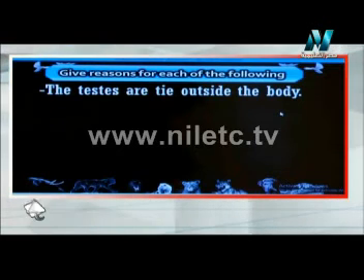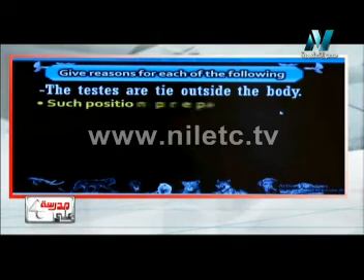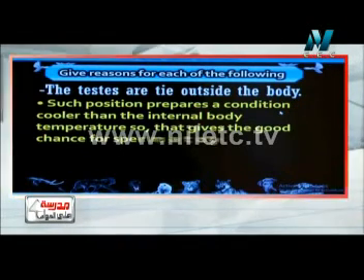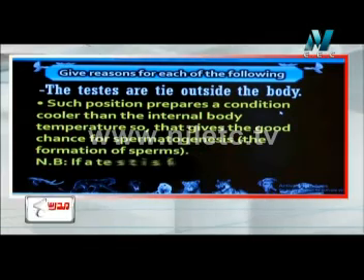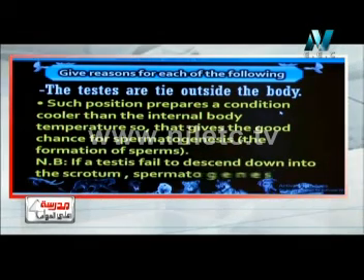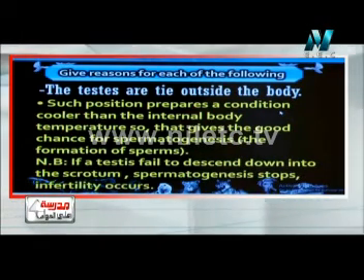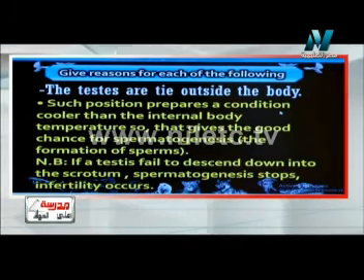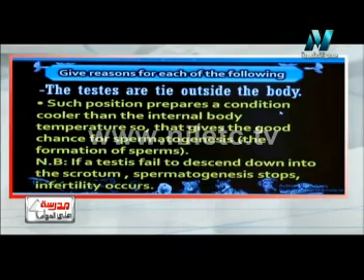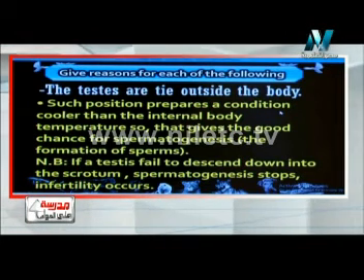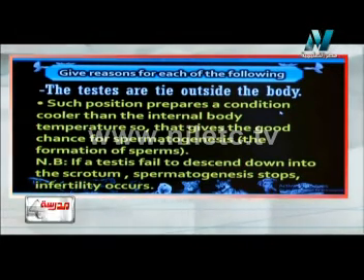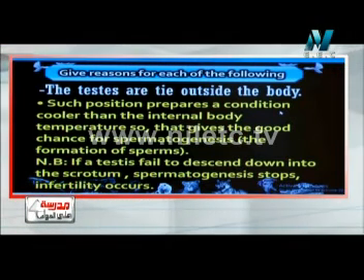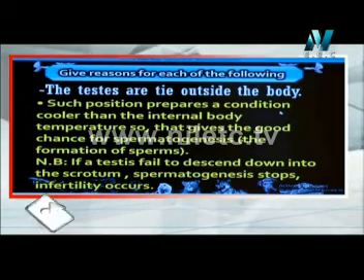The answer: because this position prepares conditions cooler than the body temperature, which gives a good chance for spermatogenesis, or the formation of sperms, because sperm formation takes place at a temperature lower than the body temperature. But if the two testes are located inside the human body, that leads to sterility or infertility.